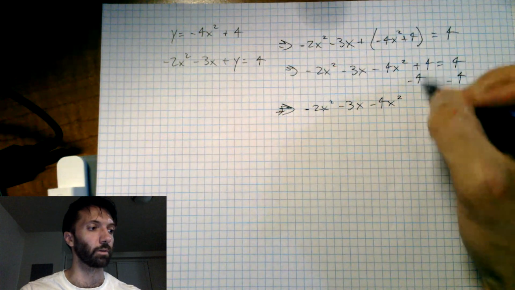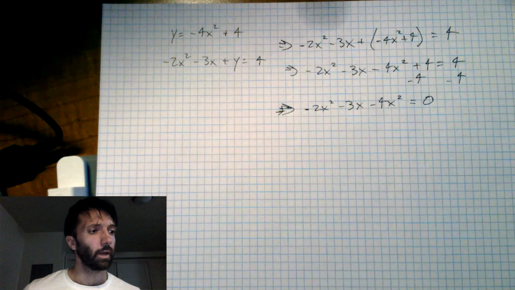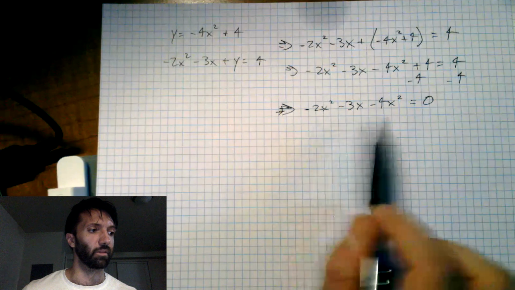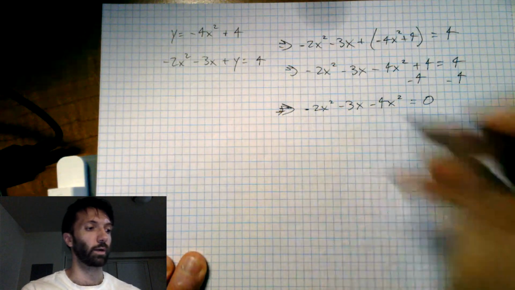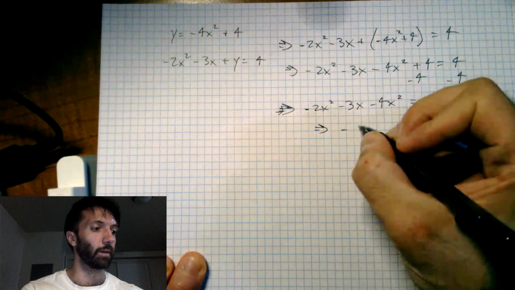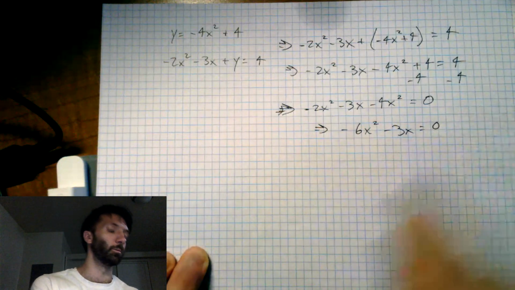And that is also going to be 0. Okay. And now I could simplify some more here. So I have a negative 2x squared minus 4x squared. So that's going to be minus 6x squared minus 3x equals 0.